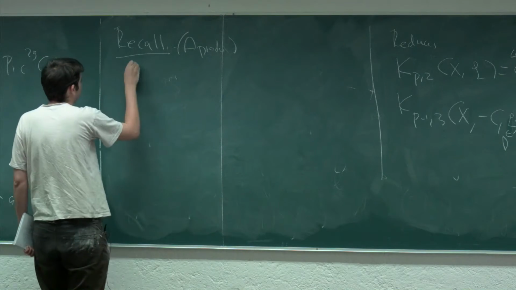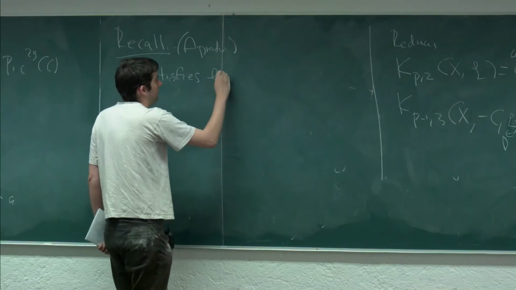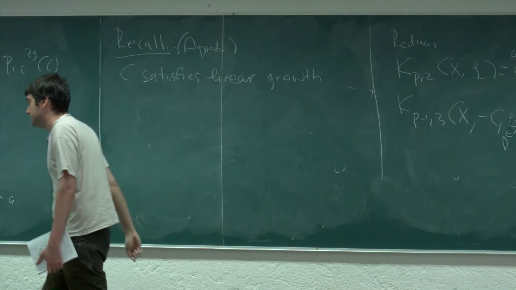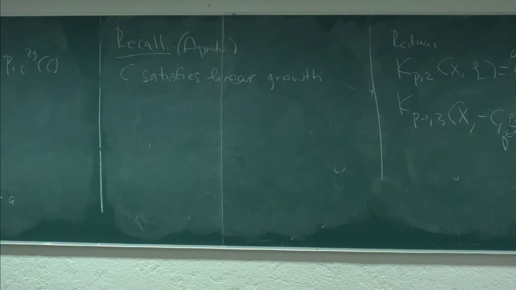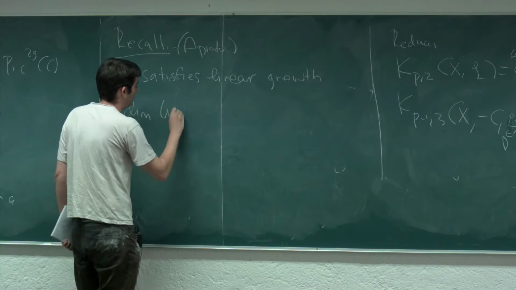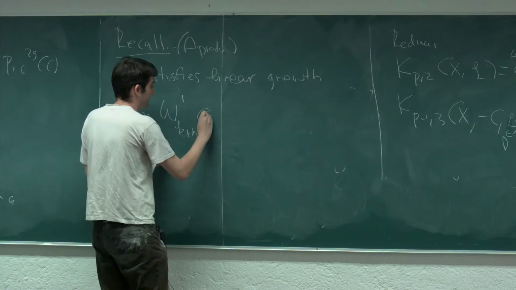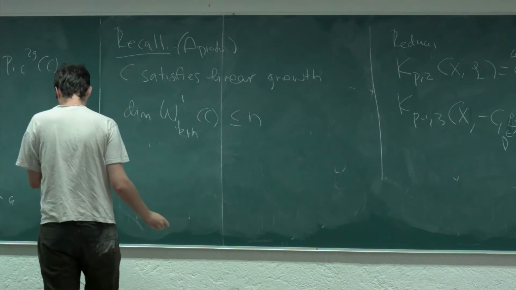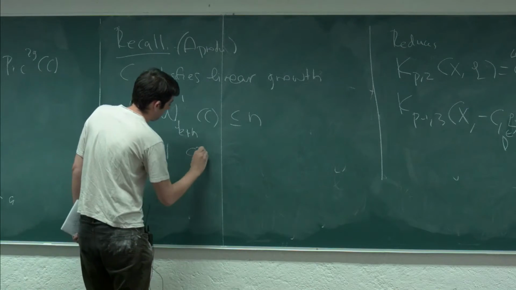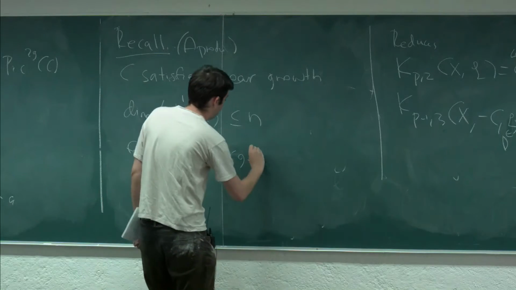So C is said to satisfy linear growth if the dimension of the Brill-Noether locus W^1_{k+n}(C) is less than or equal to n for all n between 0 and g-2k+2.